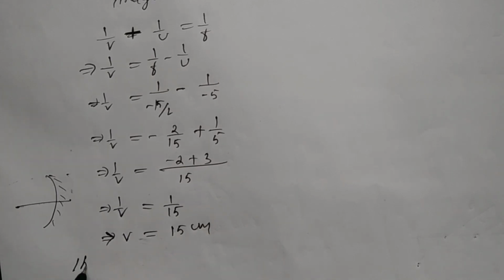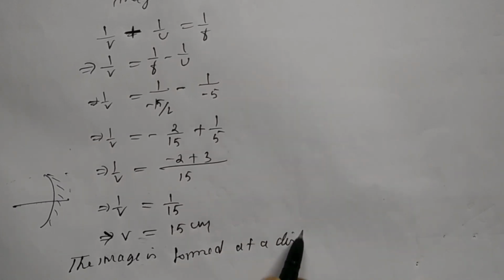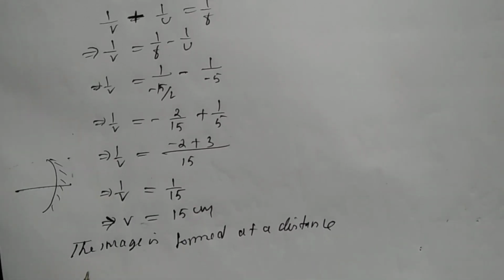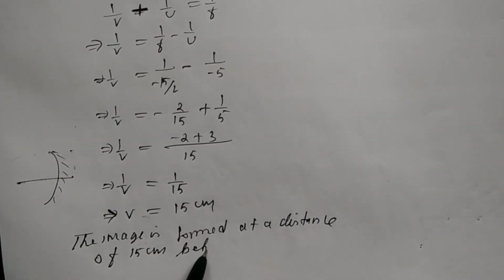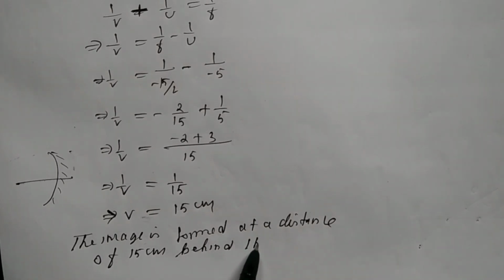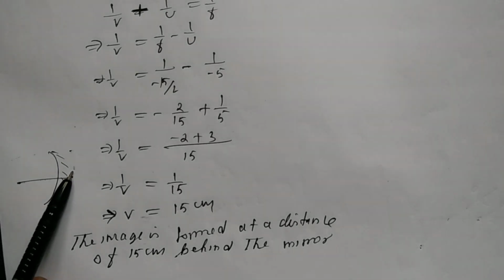Now we can write the image is at a distance of 15 centimeter behind the mirror. Positive means it is behind the mirror.